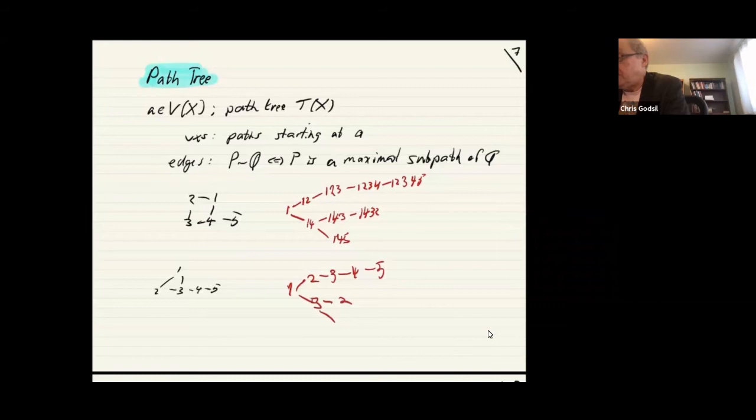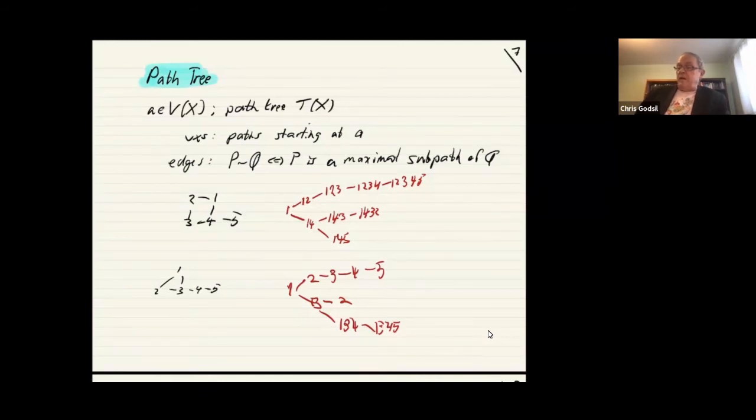You get the idea. Well, this doesn't prove much. It does tell you that you can get the same path tree from different graphs, which is not immediately obvious. So these two trees are isomorphic.